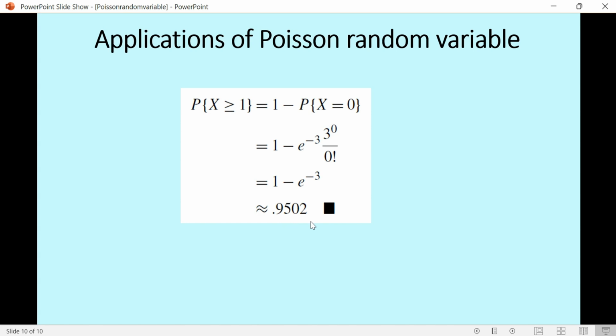So if the average number is 3 in a given week, there is almost a 95% probability of at least one accident in this week. Very low, almost 0.05, about 5%, is the case that there are no accidents this week. Thanks for watching.